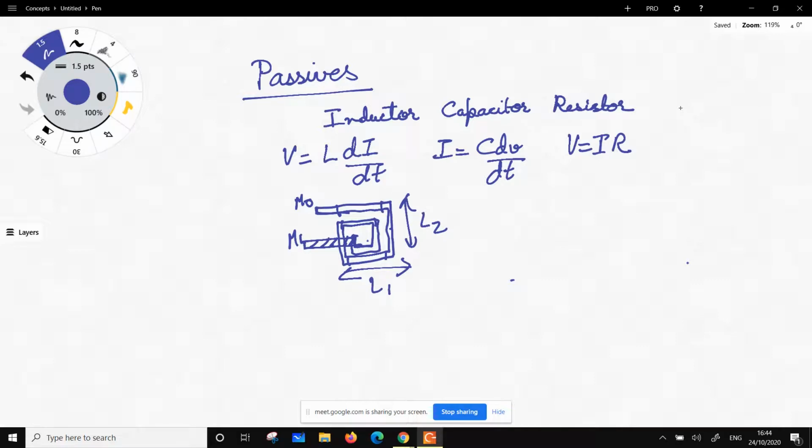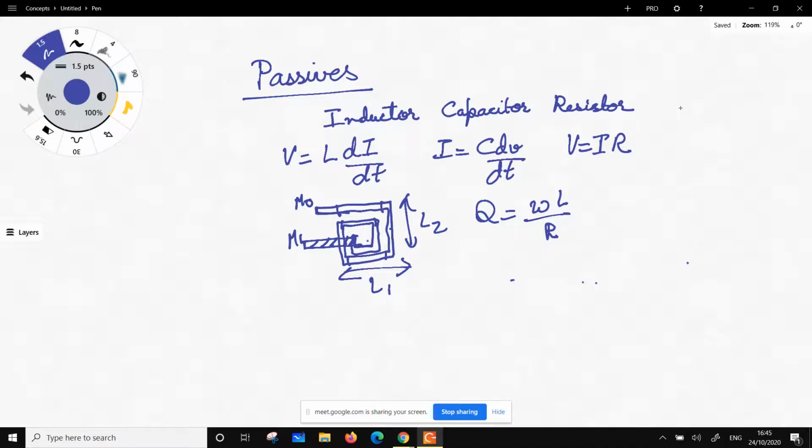Now, for an inductor, the most important part is Q. Q is the power stored in the inductor divided by the loss of the inductor, so I write it as omega L by R. This is an important factor.